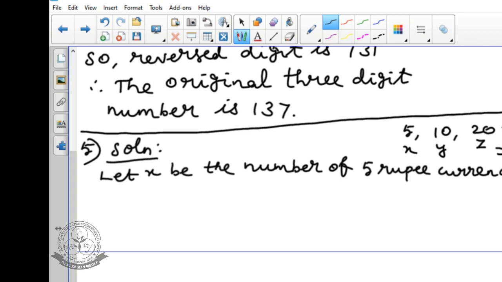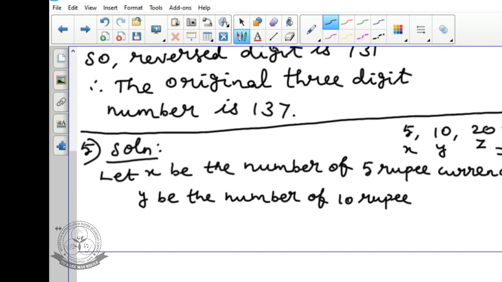Y be the number of, next one is what? 10 rupee currencies. Next z.